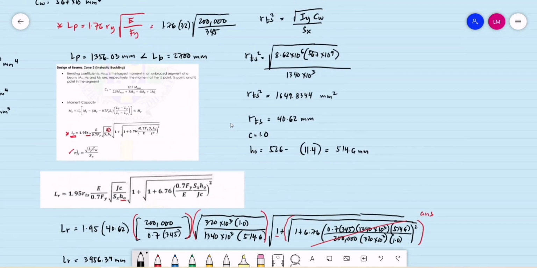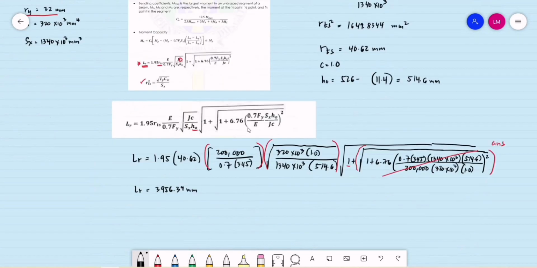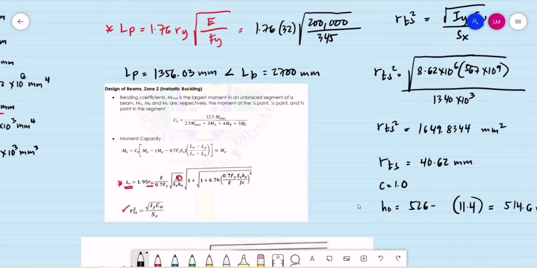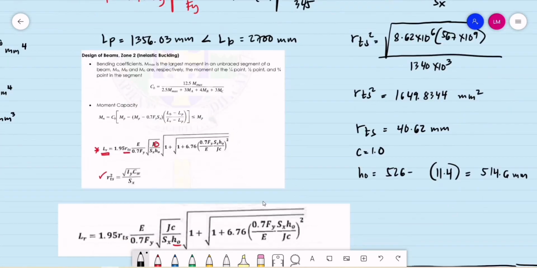So which zone is this section? Again, if you are to recall, we have L sub P equal to 1,356.03 mm.